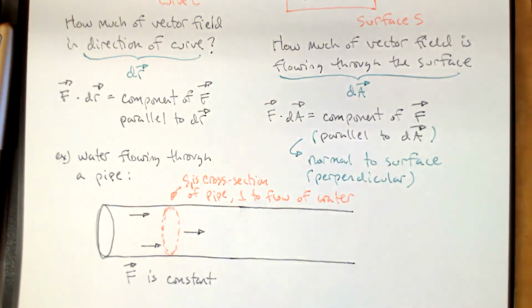Step 2 is we're going to take that cross section, that surface, and keep our vector field constant. I'm just going to take my cross section and angle it.